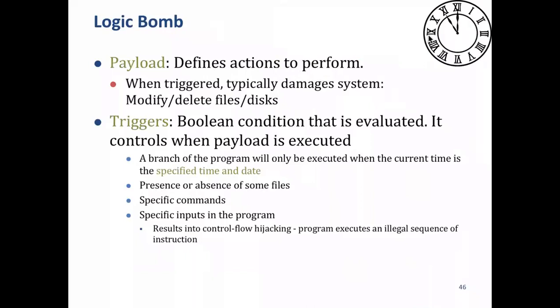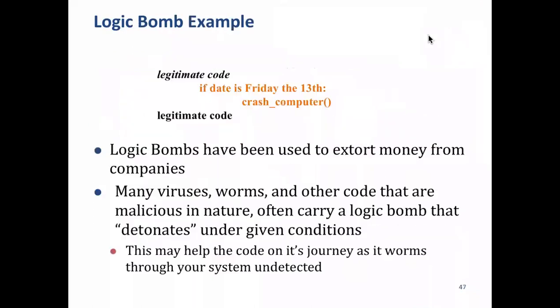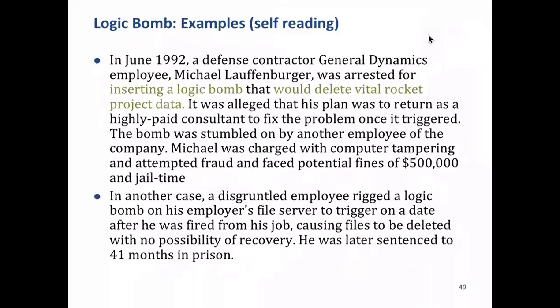So this kind of Boolean condition is evaluated, and it controls when the payload is to be executed. For example, if the date is Friday the 13th, crash the computer. Again, it's an insider job, because the insider will change the code, leave the company, and at a certain date it will crash the system. There are a lot of examples, right?